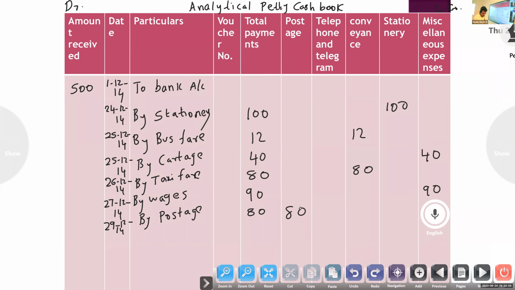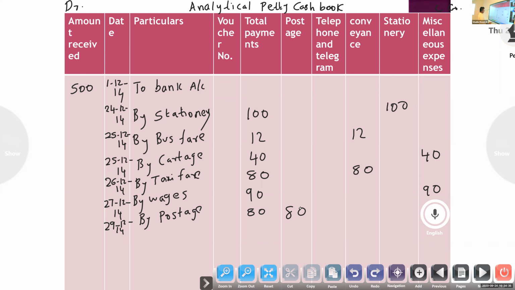Okay. So we wrote every item. Understand? First we wrote imprest amount to balance BD. That is on which side? Debit side. Then all expenses, expense account to petty cash book. So in the total column also we have to write, then in the head column also we have to write the amount.